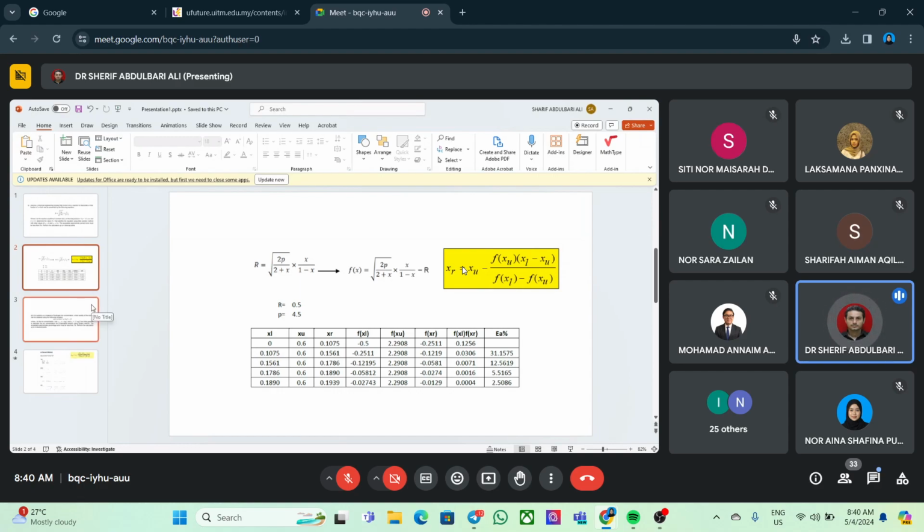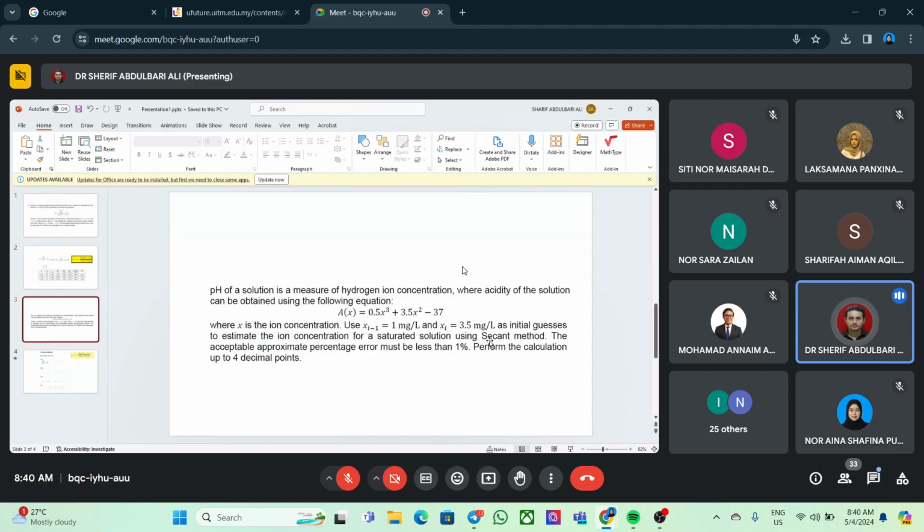Let's see the question coming from the open methods, where we are going to use the secant method. We have a function here, a polynomial: 0.5x cubed plus 3.5x squared minus 37. Here x represents the concentration of the solution.